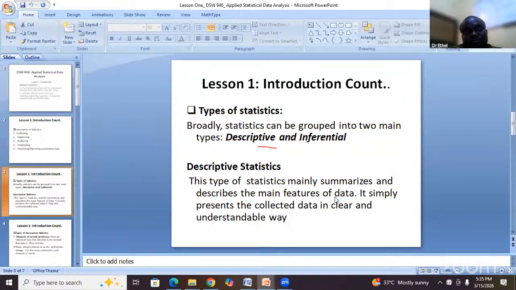For example, let's say in a class of 1,000 students, statistics helps us to summarize the data clearly.